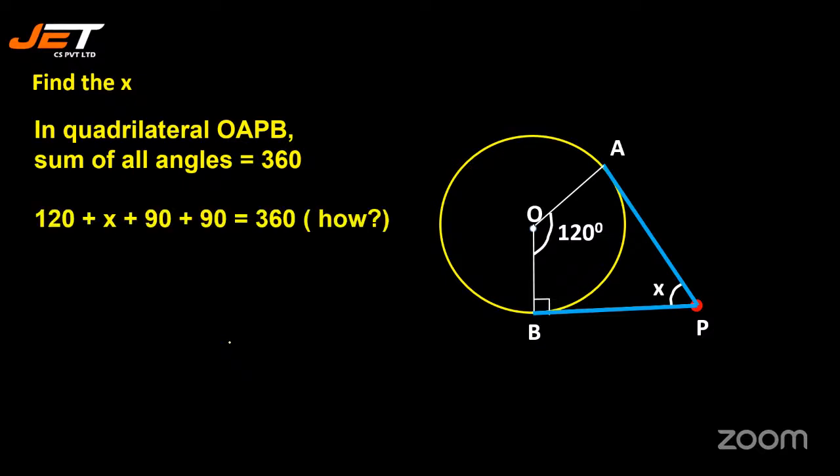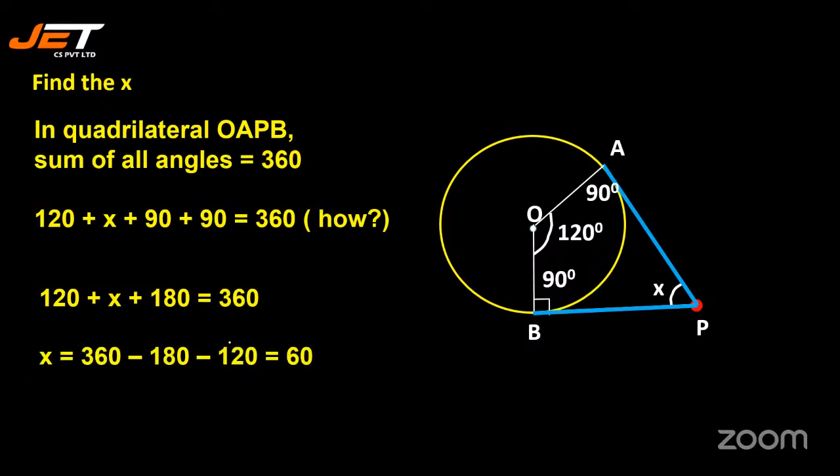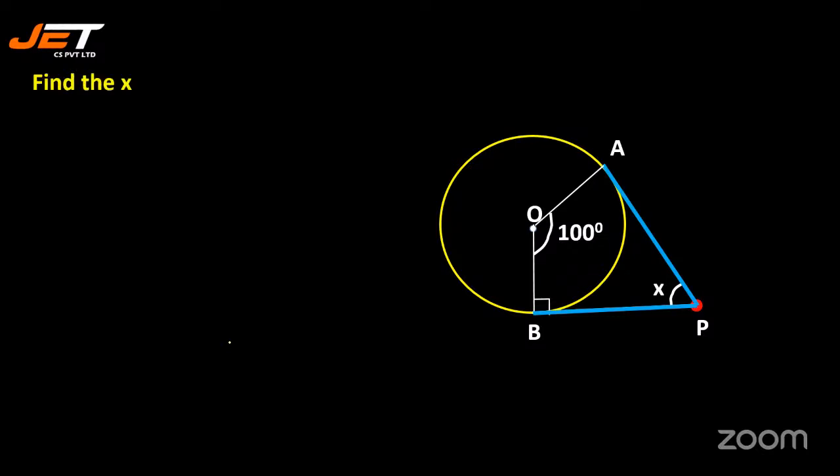So 120 plus x plus 90 plus 90. So 120 plus x plus 180 is 360. Therefore, x becomes 360 minus 180 minus 120. So it is 60 degree.